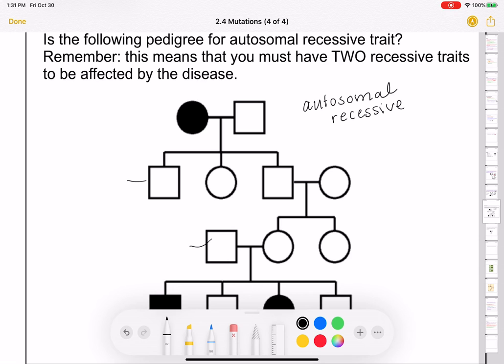And if we really wanted to go even deeper, we could say, okay, if this is recessive, let's say that dad was big A, that was little a, all of the children would be that. This girl, she's not part of their family, so we actually have no idea her genetic background.